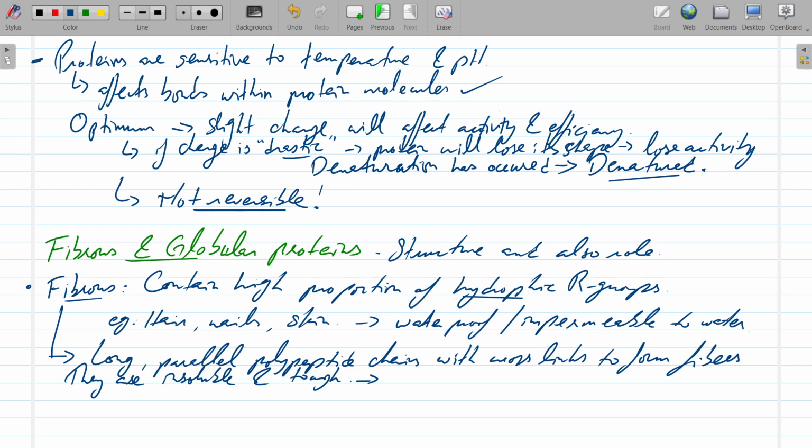They're suited to and play a role in structural functions. So for example, connective tissues that cover the bones and connect your bones to your muscles. An example is collagen. So they've detailed collagen as an example.